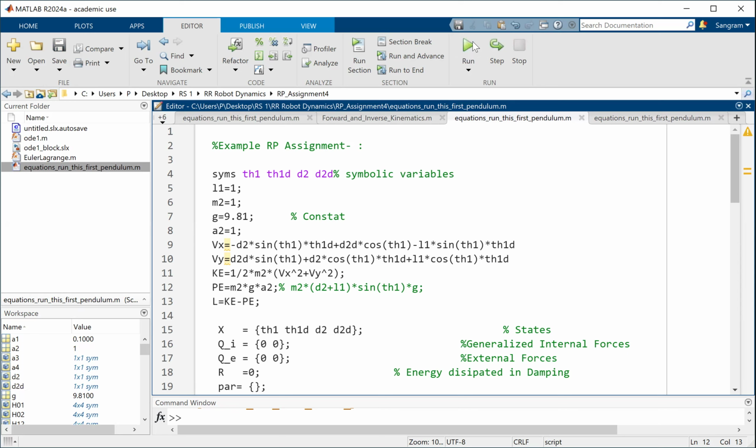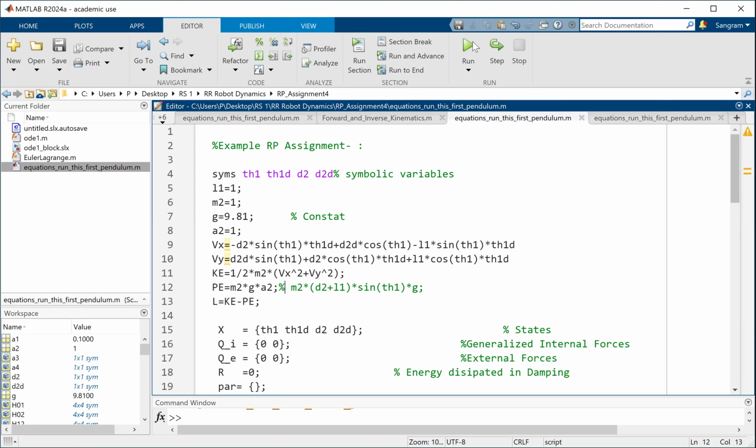Okay. Let me explain the entire code once again. Line number 4 is where you define your variables. The two variables here are the angle theta 1 and the displacement d2. So angular derivative, displacement, derivative of displacement: th1, th1d, d2 and d2d.